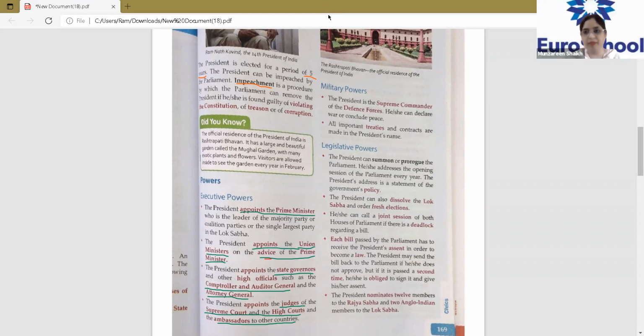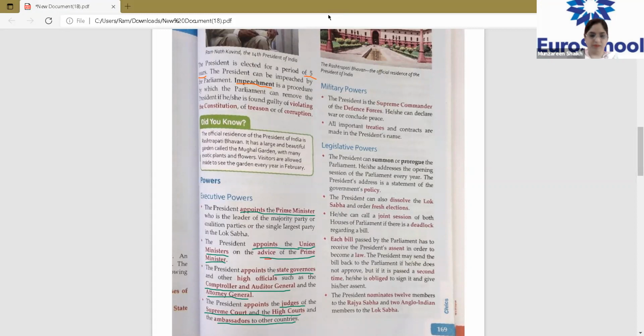Yes, Vivan, quickly. Ma'am, the first power is that he appoints the prime minister. Second, he appoints the union ministers, but on the advice of the prime minister. Very good.